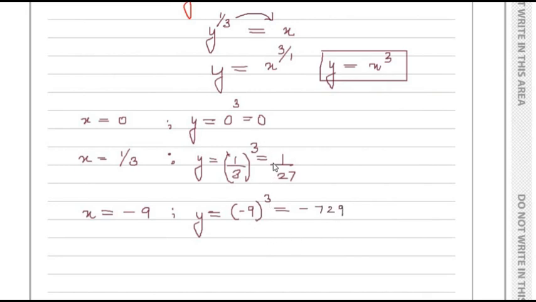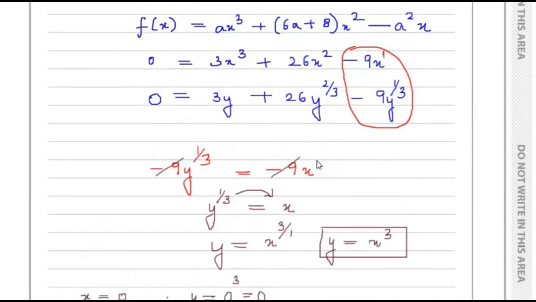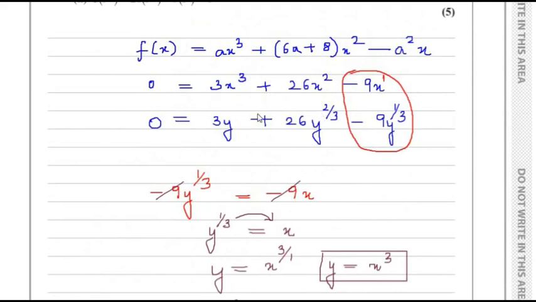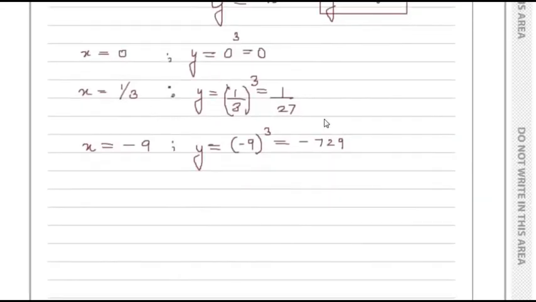Now once we get the values of y as 0, 1 over 27 and minus 729, we have to make sure that we substitute the values of y in this expression and check whether we get it equal to 0 or not. So let us start with 3y plus 26 y to the power of 2 over 3 minus 9 y to the power of 1 over 3.